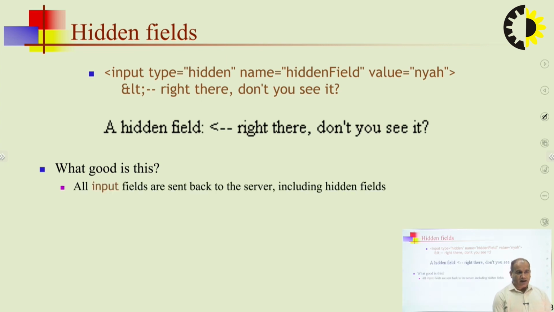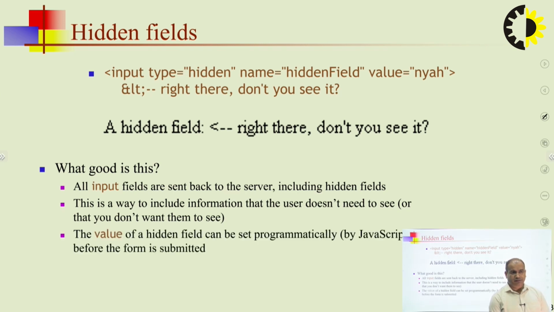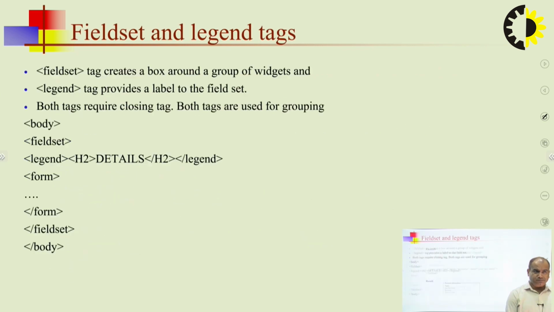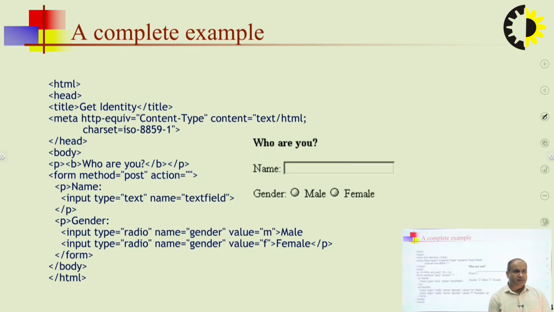Hidden fields are very important if we want to send some data to the server without the user knowing. So the user will not see it. That is a way to include information the user doesn't see, and it will be sent to the server. The value of a hidden field can be set programmatically by JavaScript before the form is submitted.